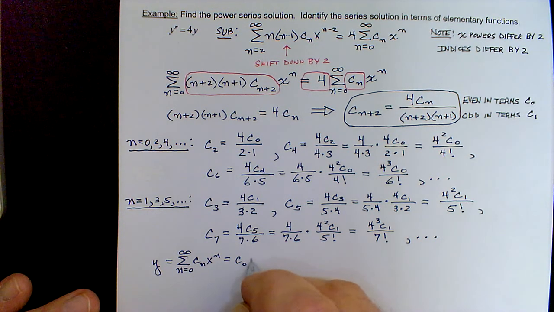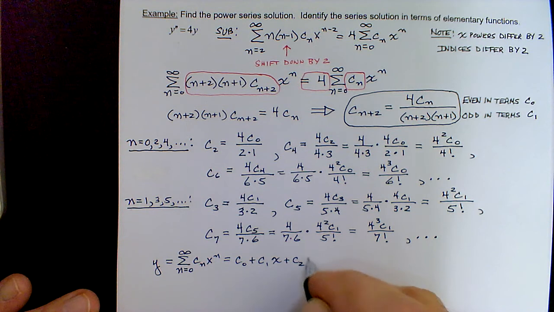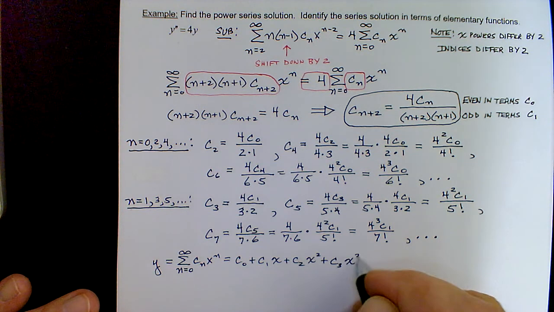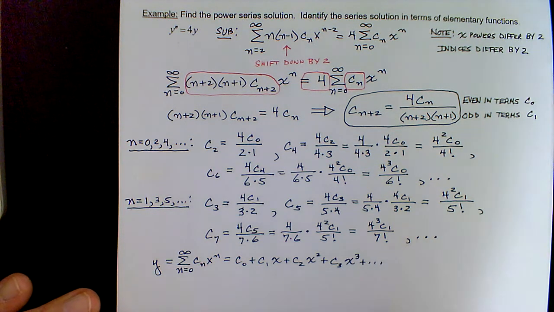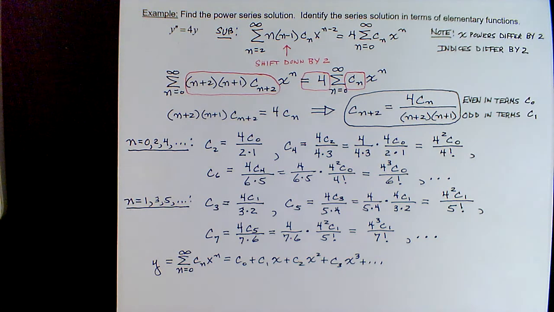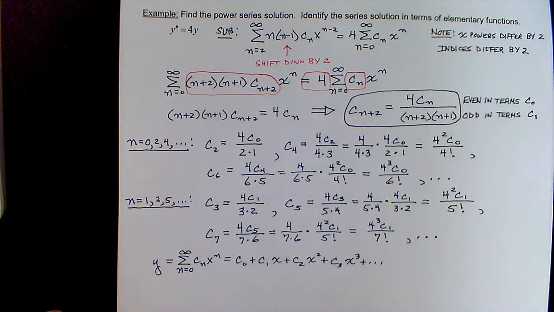Okay, it's normally c sub 0 plus c1x plus c2x squared plus c3x cubed, and so on. But now, because we've got both evens and odds giving us different factorials, different coefficients, I should say, in patterns, we should separate this.